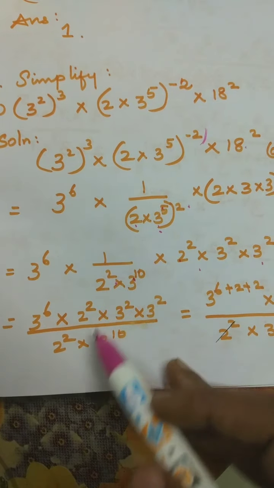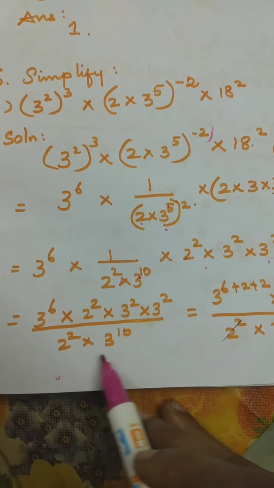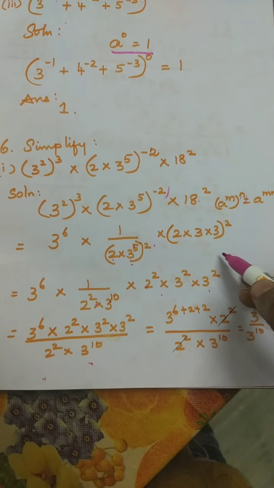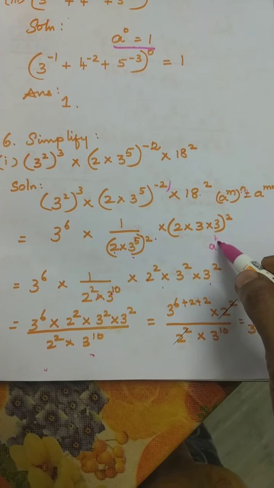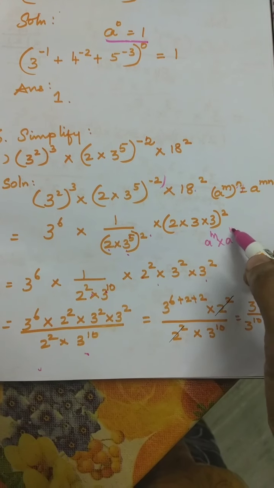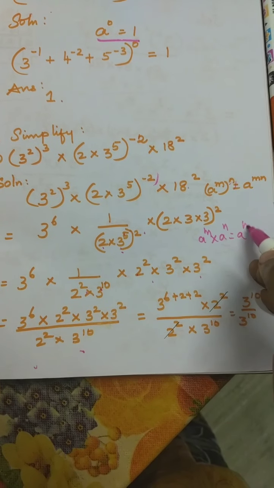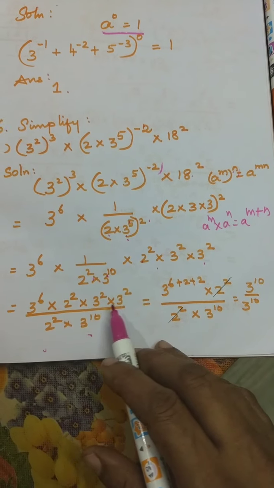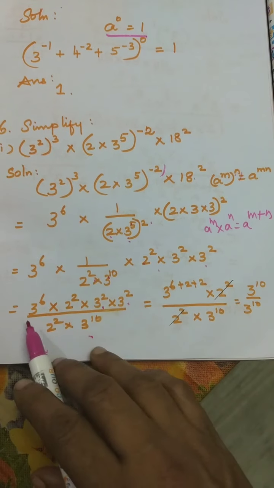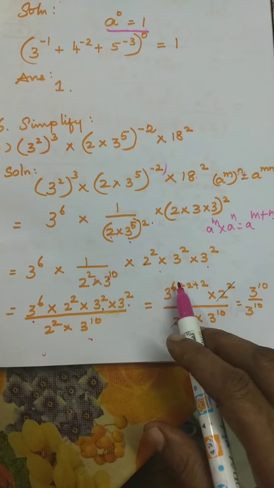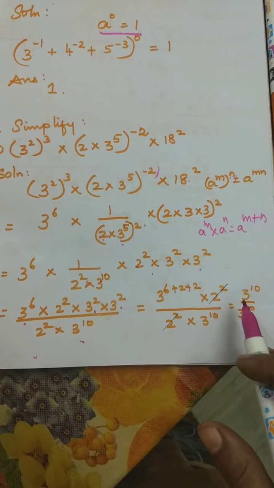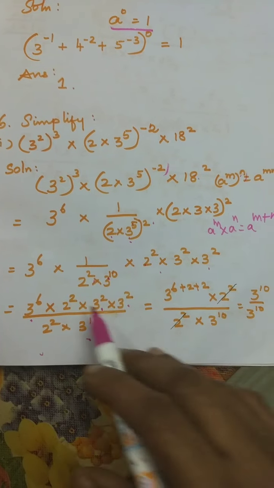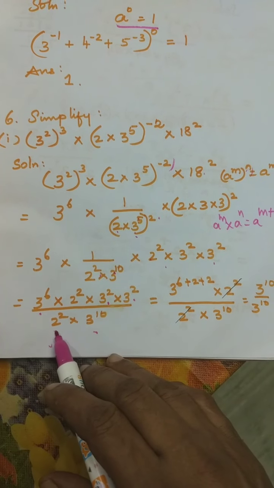I have written that. Then below you have to write 2 square into 3 power 10. Now we have the formula a power m into a power n equals a power m plus n. You have to use that formula. So you can add all these, 3 square and 3 power 6. So 3 power 6 plus 2 plus 2, and it will come as 3 power 10. Then here we have 2 square, and here also we have 2 square.